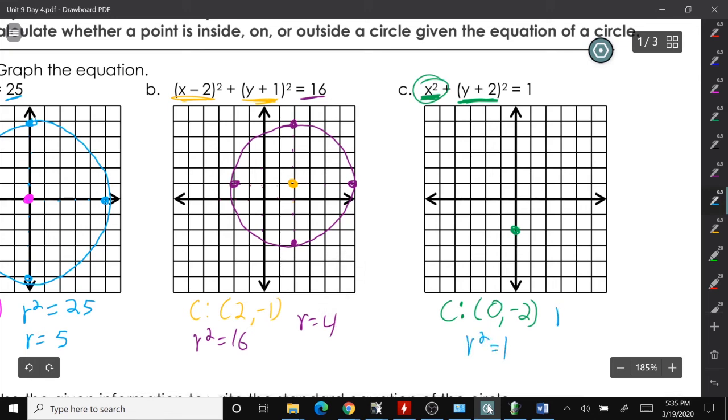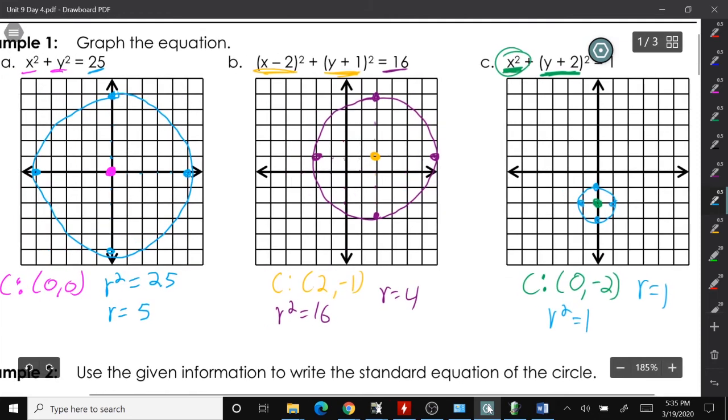Well, the square root of 1 is just 1. So I go 1 in each direction, and then I do my little circle and try to do the best you can with that. Okay, so graphing them isn't too bad.